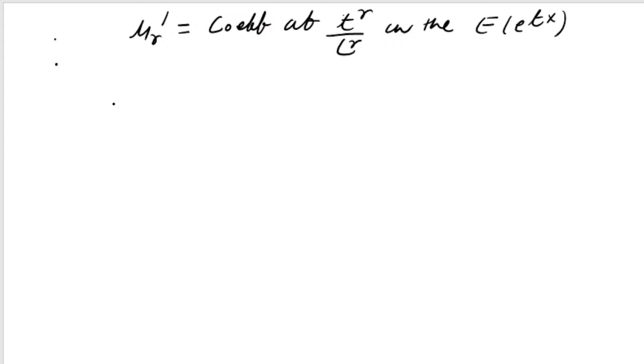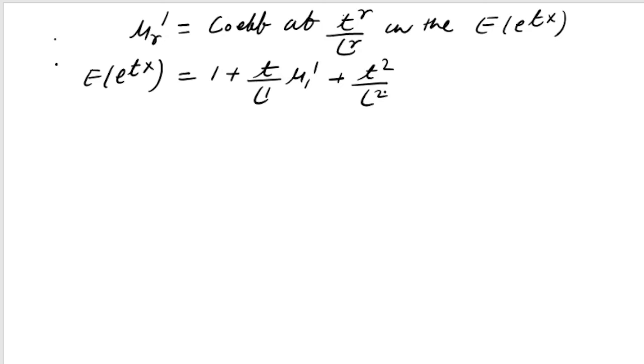For our convenience, let me write this whole thing again on this page, so that we don't have to go back again and again. So expectation of e to the power tx, we have got 1 plus t by factorial 1 mu 1 dash plus t square by factorial 2 mu 2 dash, and the rth order moment was t to the power r by factorial r mu r dash.